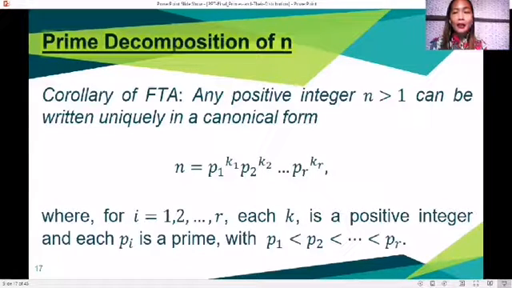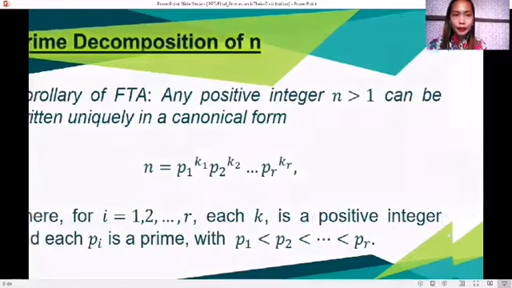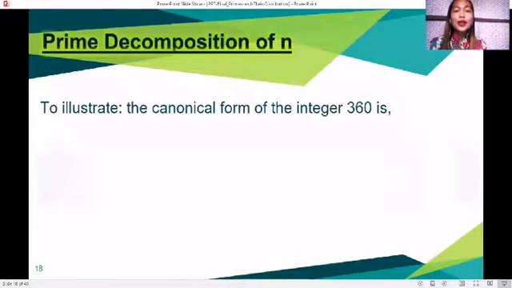Each k is a positive integer and each p sub i is a prime, with p sub 1 less than p sub 2 less than up to p sub r. To illustrate, the canonical form of the integer 360 is 360 equal to 2 raised to the power of 3 times 3 raised to the power of 2 times 5.